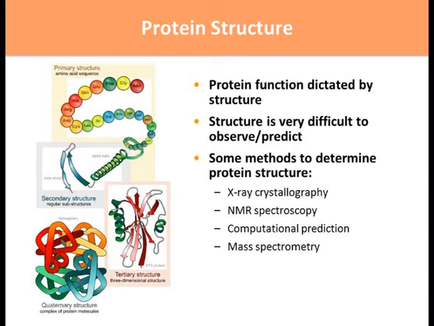Because a lot of the other methods that are available to them, such as X-ray crystallography or NMR spectroscopy, are expensive, difficult, and very time-consuming. And especially for X-ray crystallography, not all proteins can be crystallized. And without crystals, they actually can't obtain structural information. So computational prediction algorithms exist, in which various researchers try to just take an amino acid sequence and predict what the structures would look like.